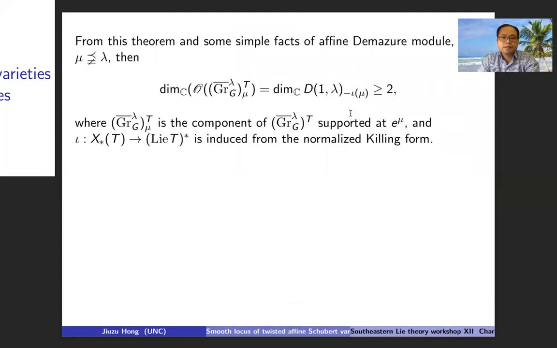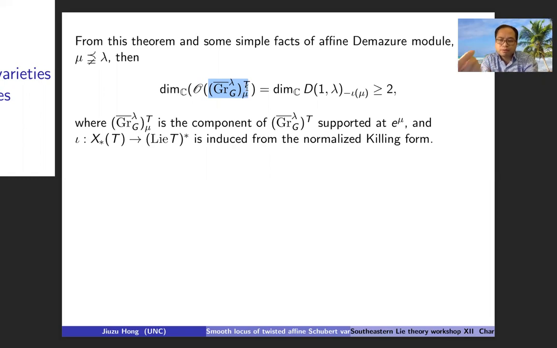And from this theorem and some simple facts of affine Demazure modules, when mu is strictly dominated by lambda, then this T-fixed point subscheme has support consisting of the fixed point e^{mu}.